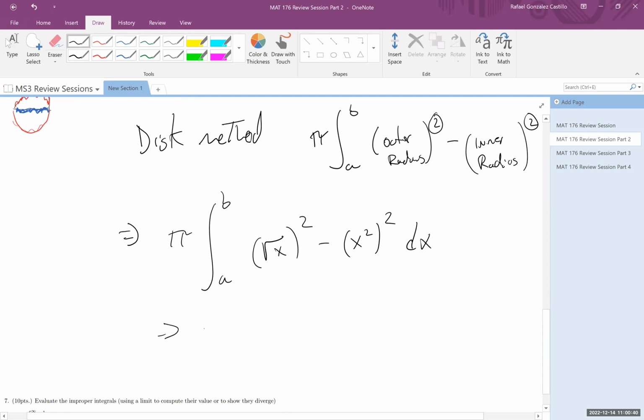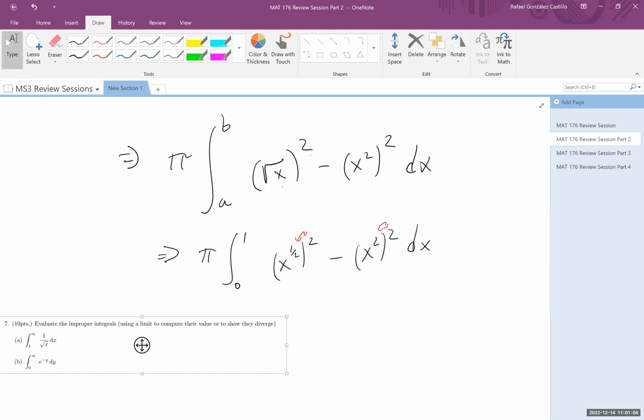So we get pi times the integral from 0 to 1 of the square root of x squared. You could think about it as x to the power 1/2, to the 2, minus x to the 2, to the x. Here you could multiply the exponents. That's why I rewrote it, so you could see that the exponents multiply and cancel.